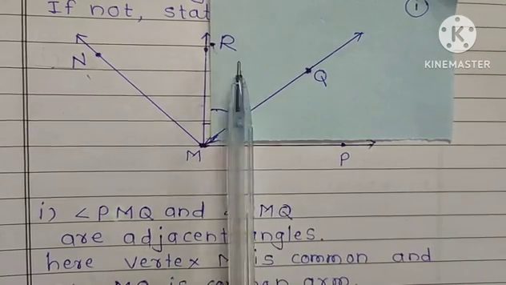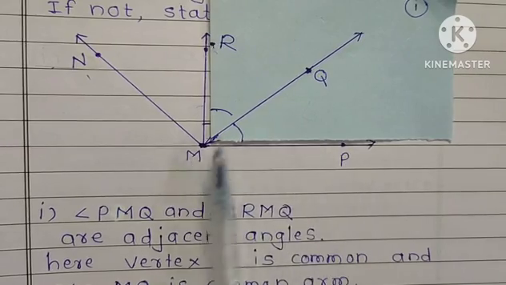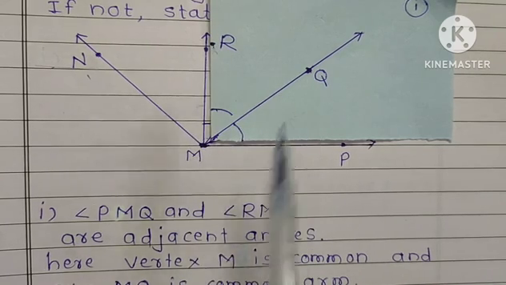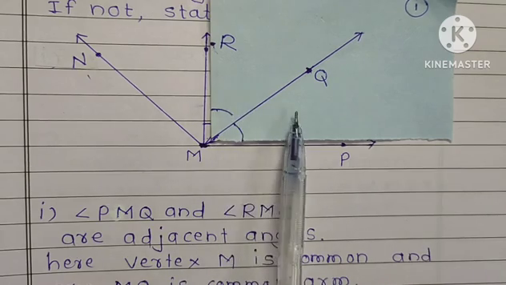Both are separate and therefore these two angles are said to be adjacent angles, because all three conditions of adjacent angles are satisfied.